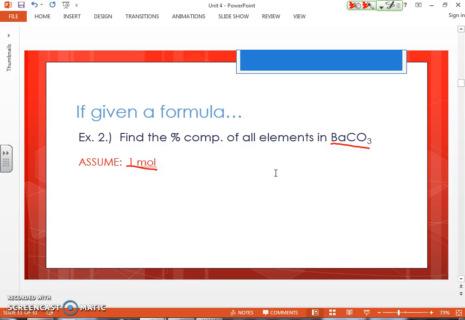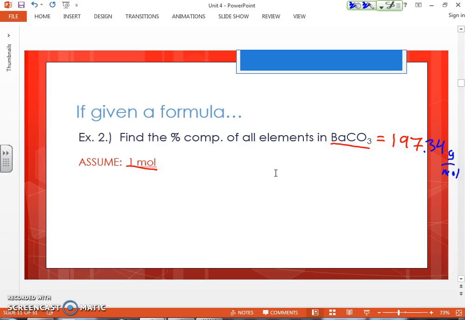So barium is 137.33 plus carbon 12.01 plus oxygen 16, but I have 3 of them. So barium plus carbon plus 3 oxygens gets me 197.34 grams per mole. But I assume I have 1 mole, so I'm left with just grams.